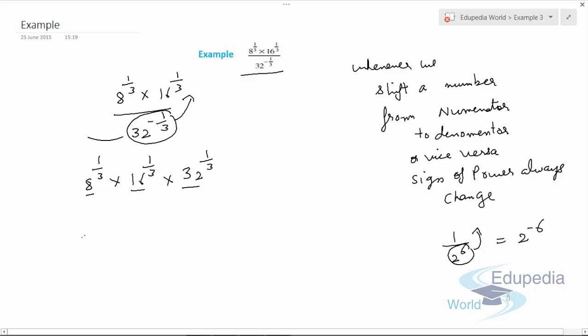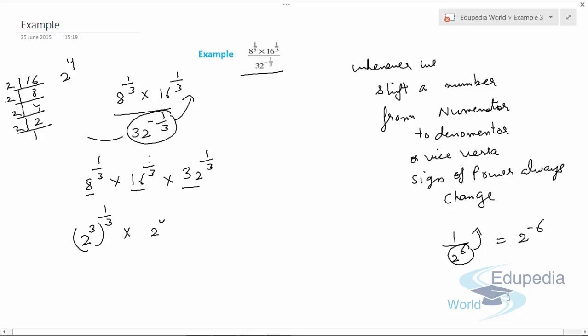So 8 can be written as 2 raised to power 3, raised to power 1 by 3. Now 16 can be written as, let's factorize it: 16, 2, 8, 2, 4, 2, 2, 2, 1. So 1, 2, 3, 4. So it can be written as 2 raised to power 4.